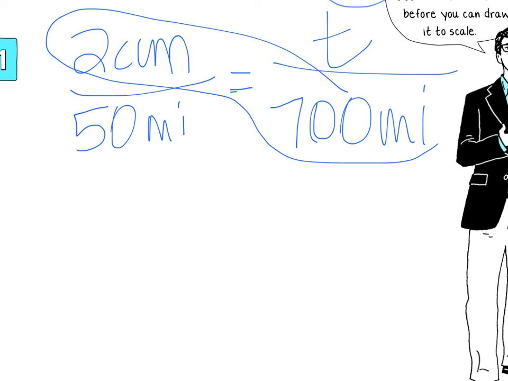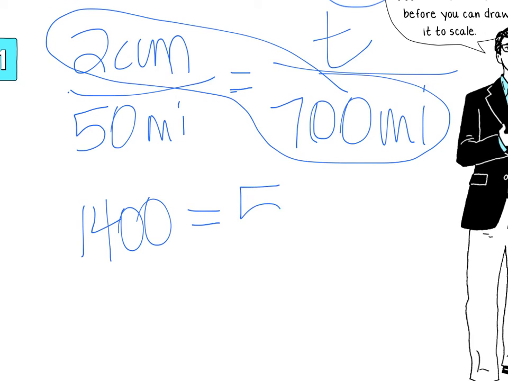And cross multiply. You can scale up or scale down, but like you've heard me say a million times, I personally like to cross multiply because it's kind of easy. So 2 times 7 is 14. Add my zeros, 1400 equals, when I take 50 times t, I get 50t. This equation, woo, thank goodness we solved those already.